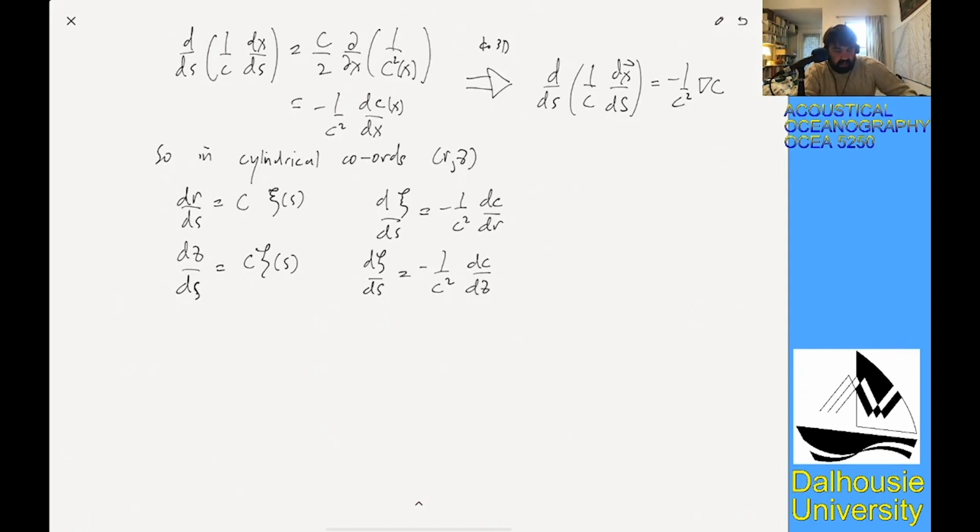Okay, where we've introduced some variables here such that r(s), z(s) is the trajectory of the ray, and then psi(s) and zeta(s) are auxiliary variables.